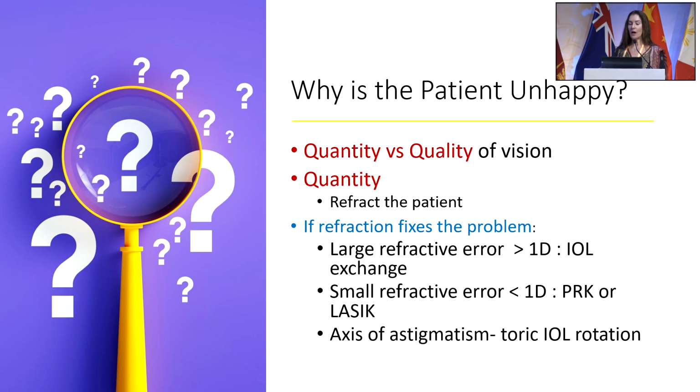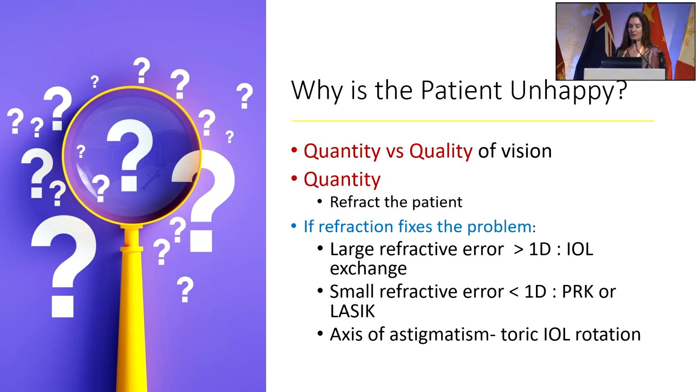If it's a quantity of vision issue, we ascertain this by refracting the patient. You actually have to do not an auto refraction, but an actual old school refraction, because auto refractions in patients, especially with multifocal IOLs, are not going to be accurate and you're going to end up over minused.